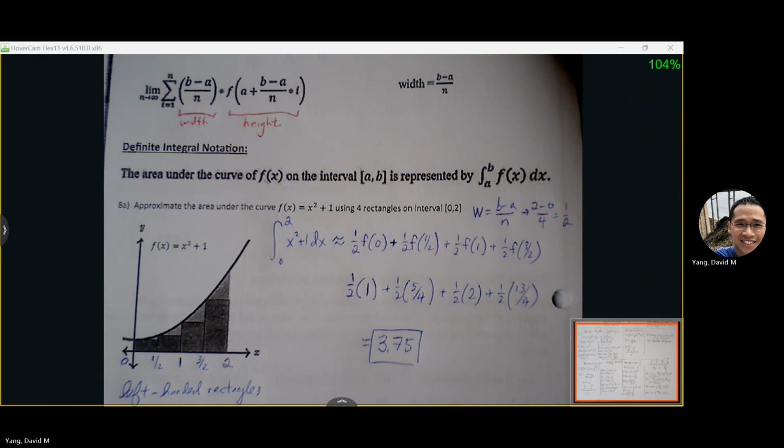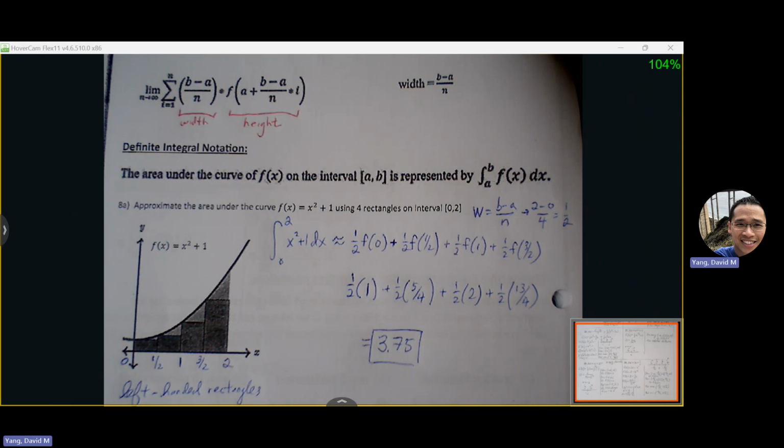Now, how do we find each of the height values that we want to plug in? To get from 0 to 1/2 to 1 to 3/2, what do we do? We kept adding what? We kept adding the width, right? Now we're doing that manually, but if we put it into a formula to get that engine to do it for us, that's what this is doing here.